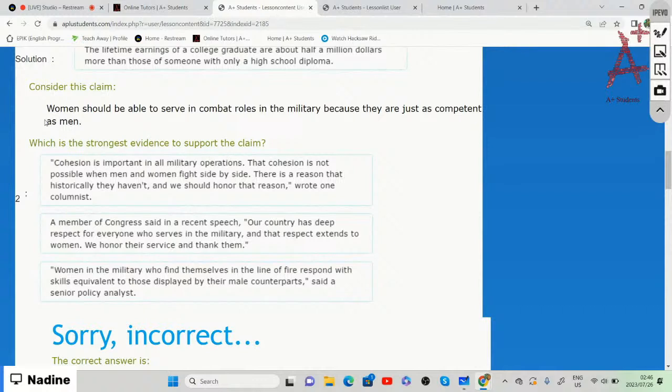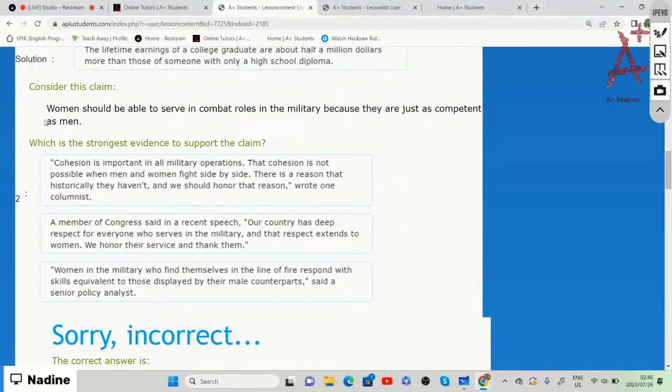The second one is a member of Congress said in a recent speech, "Our country has deep respect for everyone who serves in the military, and that respect extends to women. We honor their service and thank them."